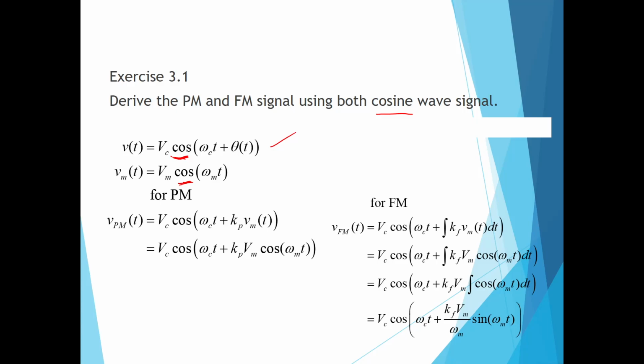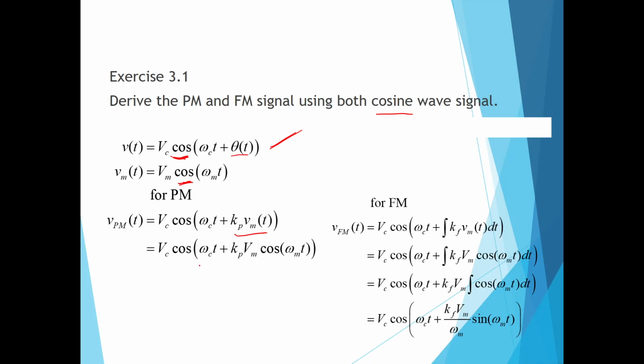From the general equation we can define the phase modulation equation. Just change theta t to become kp vmt.